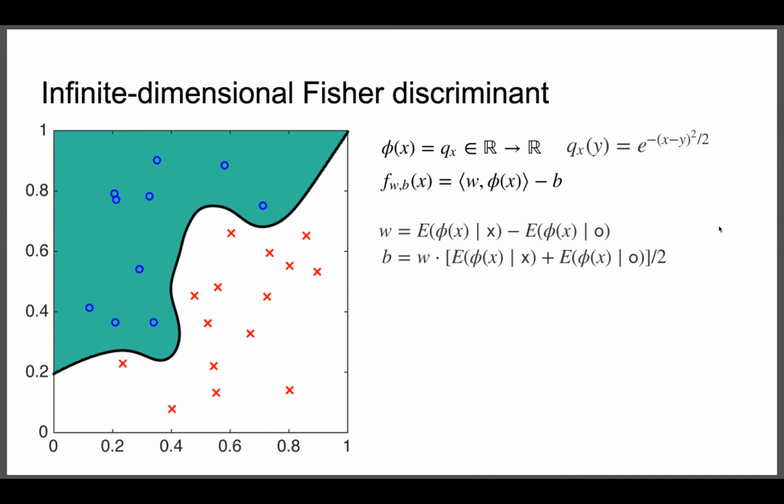The notes go into a lot more detail, but if we work in this infinite dimensional vector space, we can learn a nonlinear Fisher discriminant, an infinite dimensional Fisher discriminant. And the recipe is exactly the same.